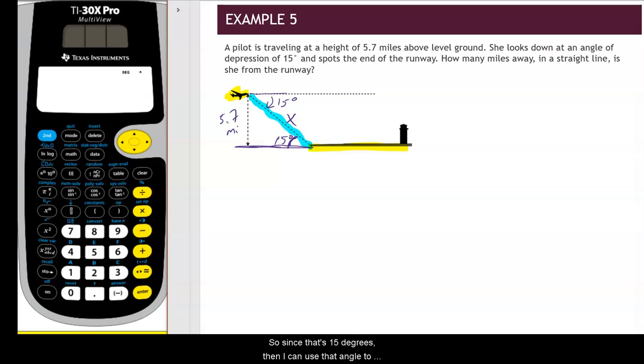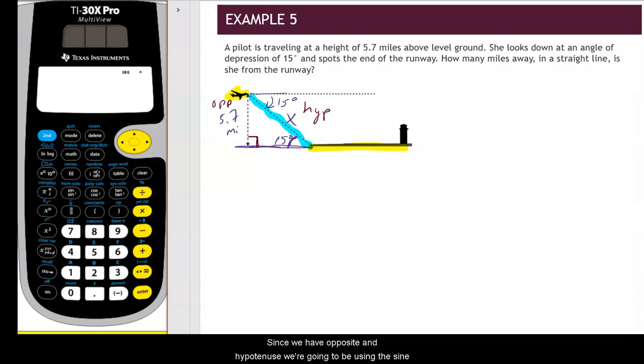Okay? So since that's 15 degrees, then I can use that angle to help me find my missing side. So we have 15 degrees across from it, or opposite it, is our 5 7/10 miles. Since this is a vertical line, that would be a right angle, making our X the hypotenuse.